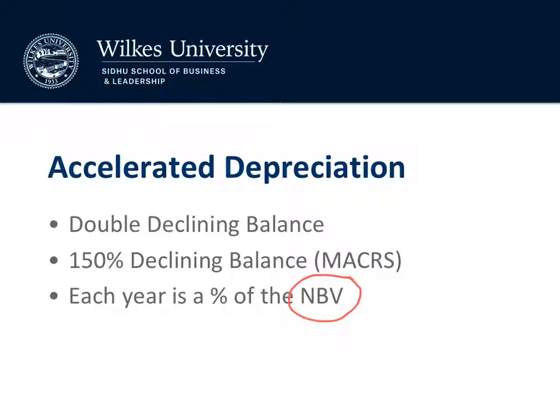Students tend to make that the most common mistake. The second most common mistake is that they take it as a percentage of the cost of the asset. And that's not it either. It's the cost less accumulated depreciation, or the net book value. That's what's important when calculating accelerated depreciation methods.